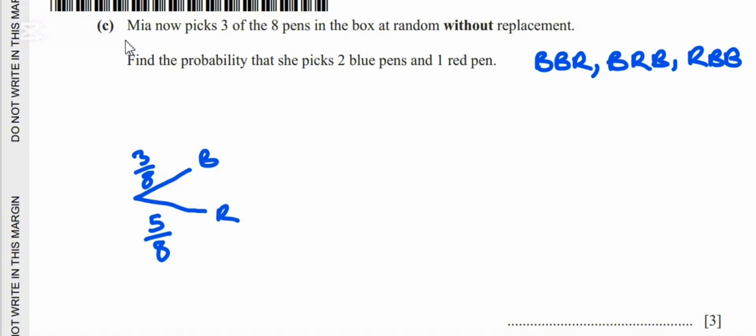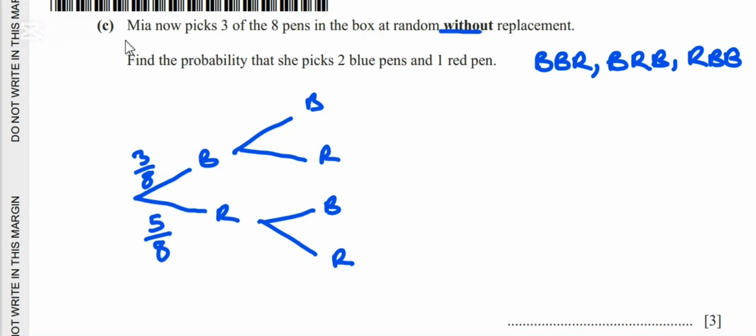So this is the first pick. Then the second pick will be like this. So we have blue, red, blue, red. Now, because this probability is without replacement, the number of blue pens will now reduce to 2, and even the total outcome will reduce to 7, so 2 out of 7.